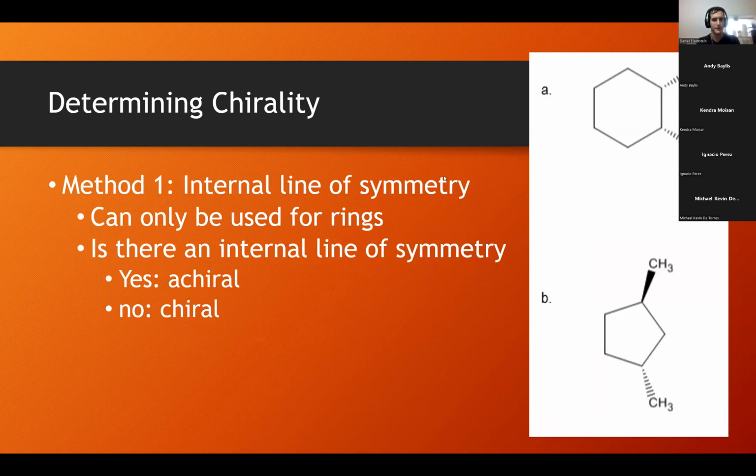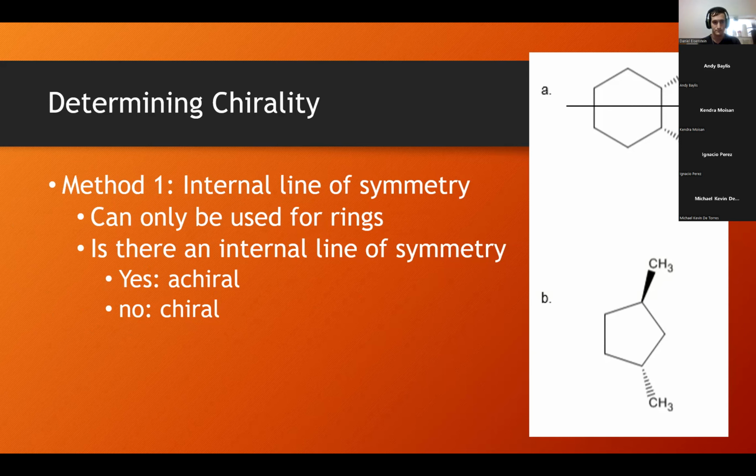Here, determining chirality. This is the answer to the meso question in chat. It's actually pretty simple. All you need to do is look for a plane of symmetry. A plane, not an axis. Take A, for example. I can draw a plane straight through the middle, right? On both sides, it's the exact same. Therefore, this is a meso.